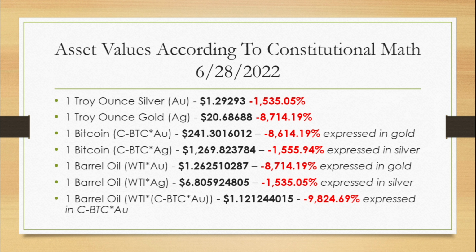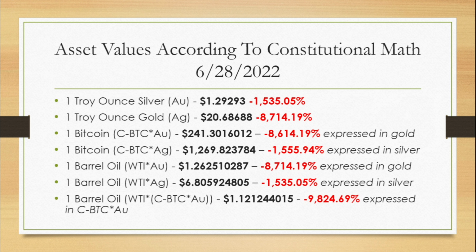Bitcoin expressed in gold should be $241. Bitcoin expressed in silver should be $1,269. One barrel of oil expressed in gold should be $1.26. One barrel of oil expressed in silver should be $6.80.